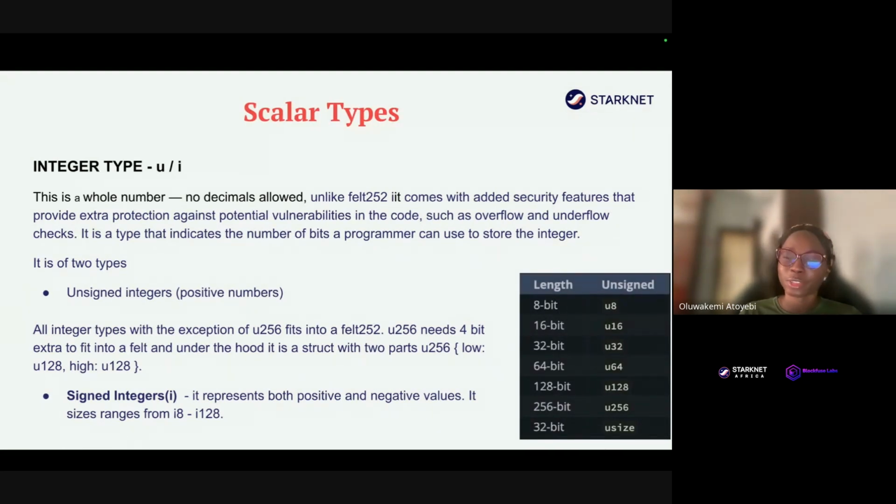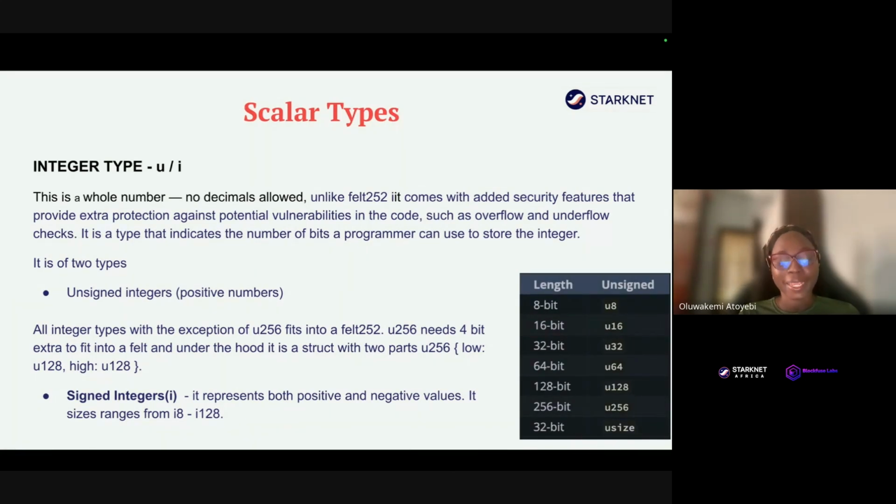But the integer also differs from felt252 because of added security features that have been put into it to provide extra protection against potential vulnerabilities in your code. So the issue of underflow and overflow that may be prevalent in felt252 cannot occur in an integer, because that security feature has been built into it to avoid such vulnerability.